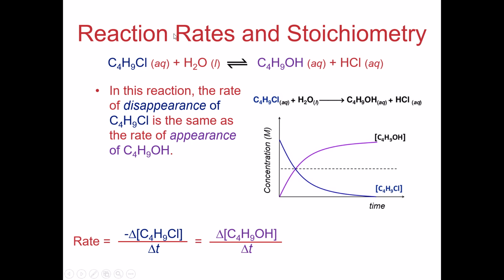This means that for every 1 mole of our reactant that is decreasing, I make 1 mole of product. Because this is a 1-to-1 relationship, the two curves that I would see for reactant decreasing in the blue line and product forming in the purple line would be identical, but mirror images.